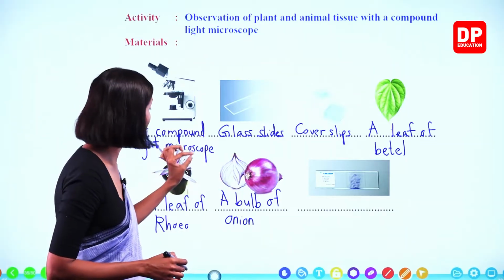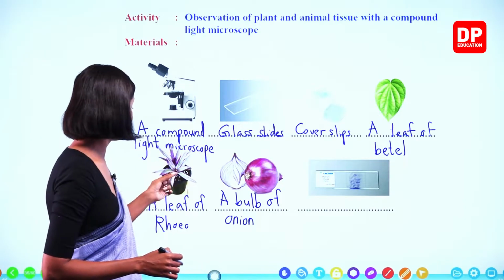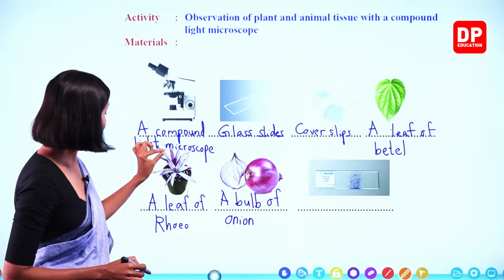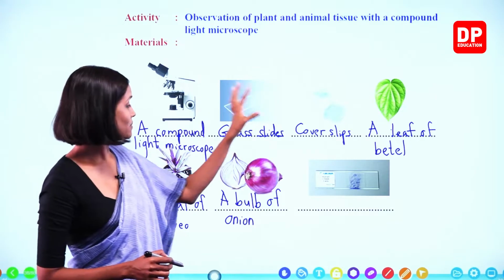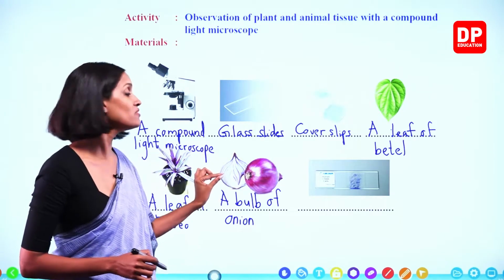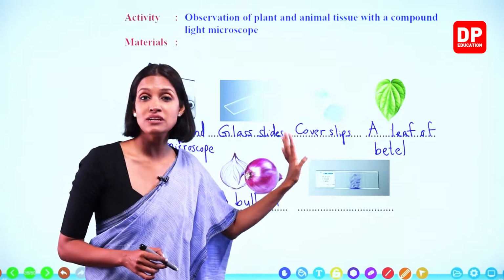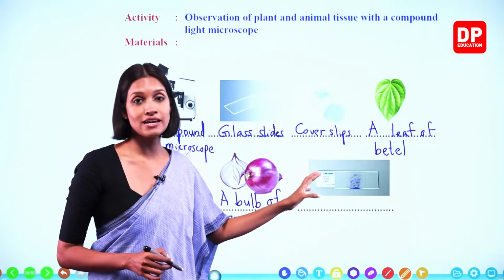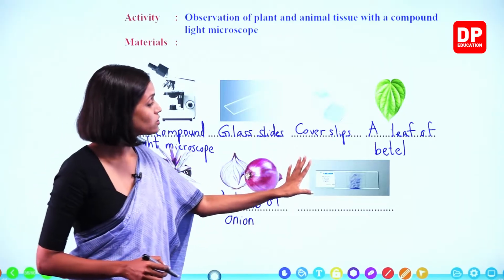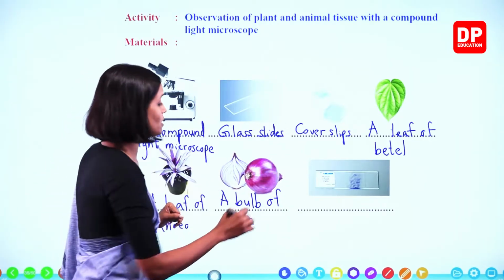We are going to make the specimens of onion, the lower epidermal of royo and betel, and we are going to observe the skin of onion. Here we are going to use a permanent slide. We are not going to make the slide of the cheek cells. We are going to use a permanent slide here, okay?